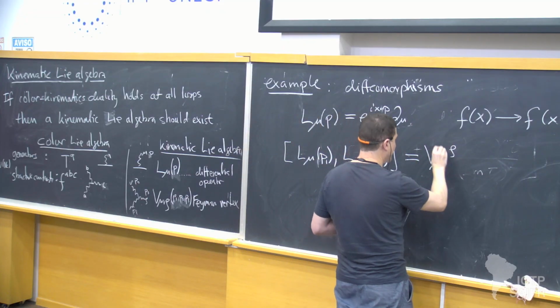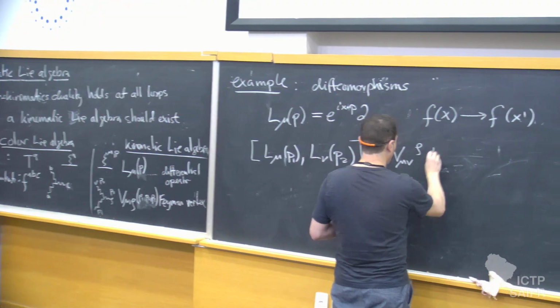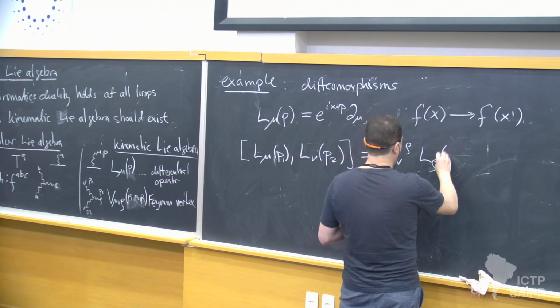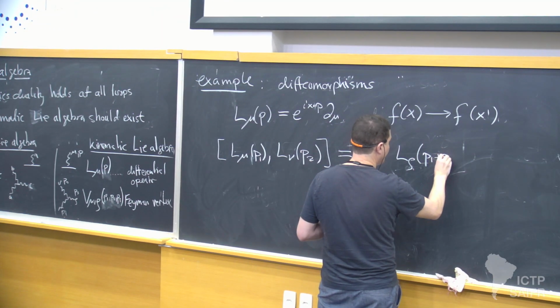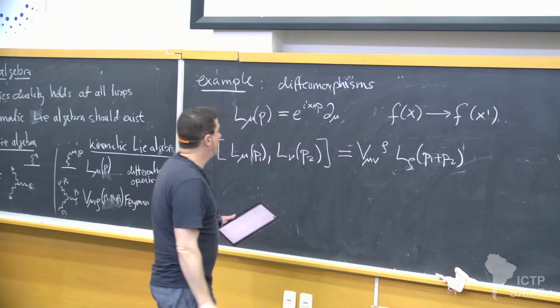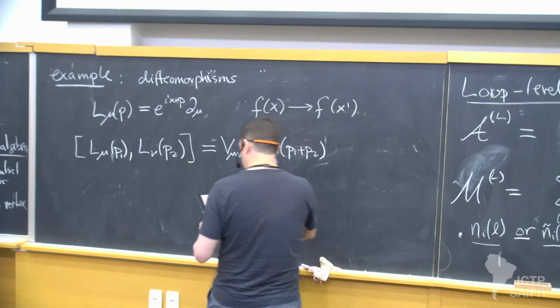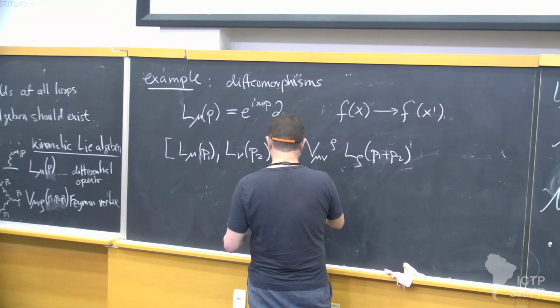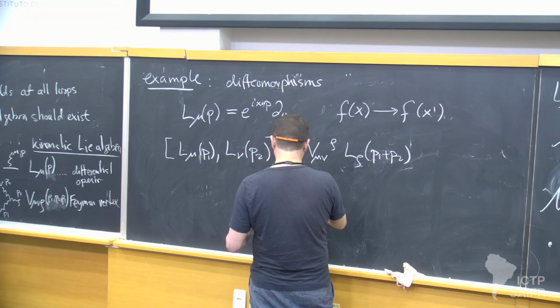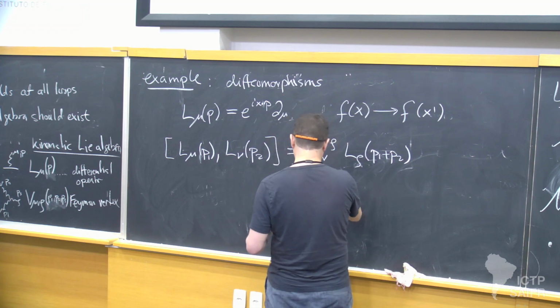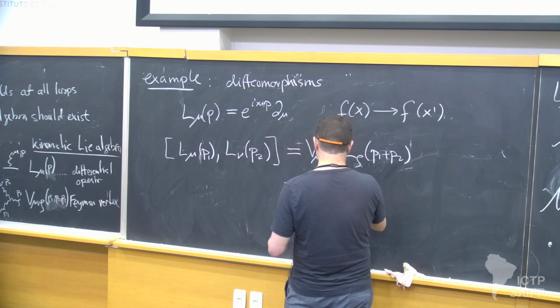Let's put one index up. That seems convenient. P1 plus P2. I think you can get a bit more fancy by writing it as an integral.